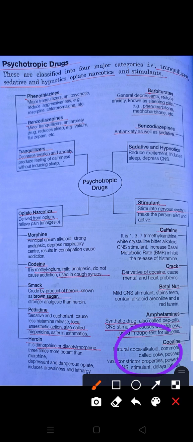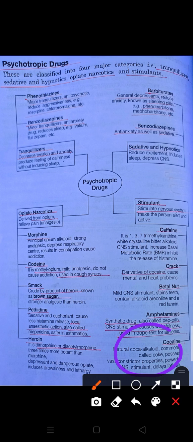Cocaine is generally present as a coca alkaloid, like benzoyl methyl ecgonine. This is a very important thing, children. So cocaine is an alkaloid; just learn it as a coca alkaloid.